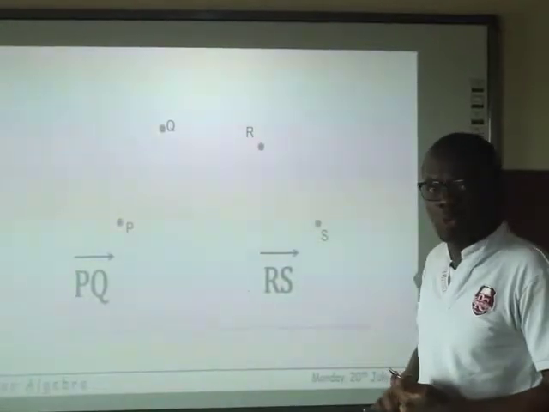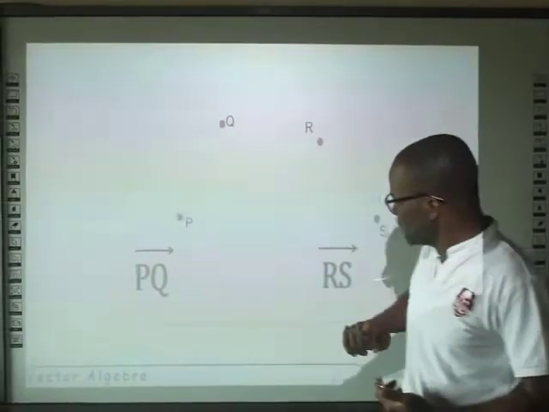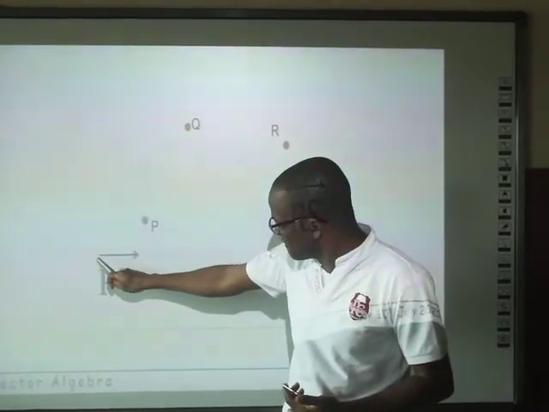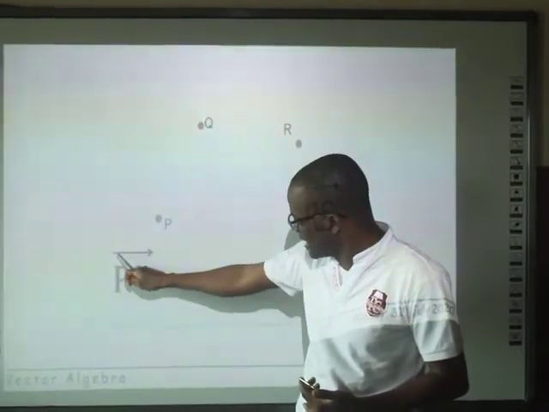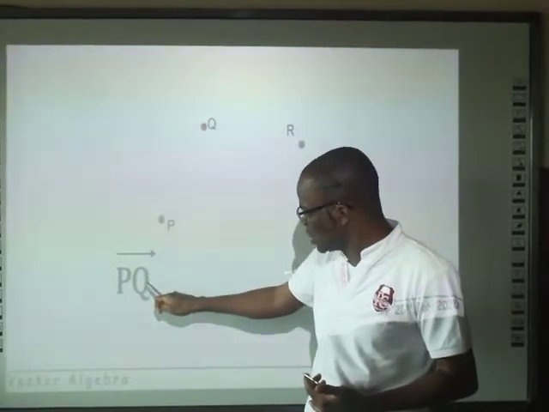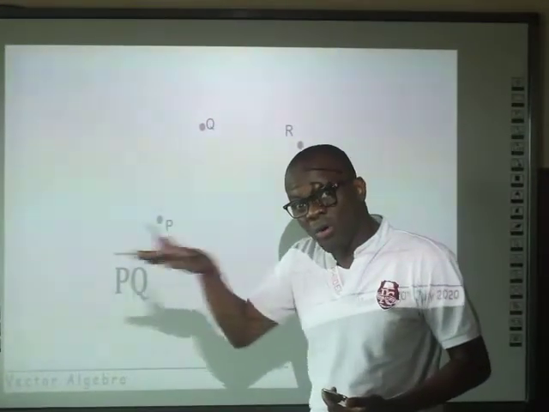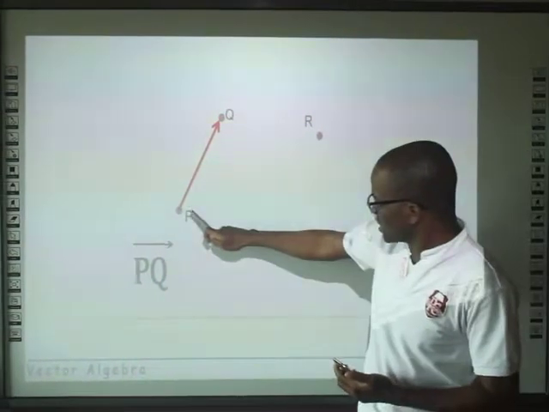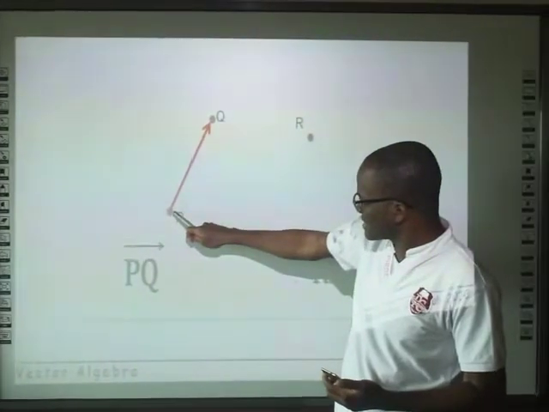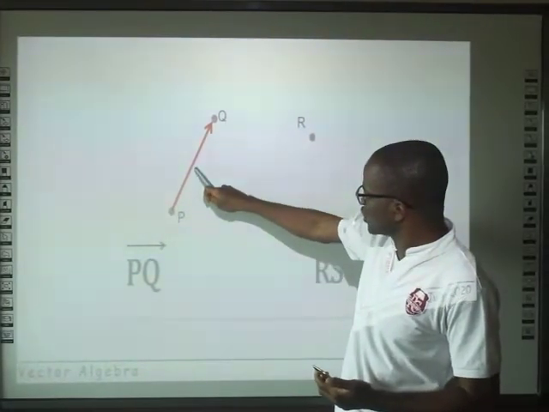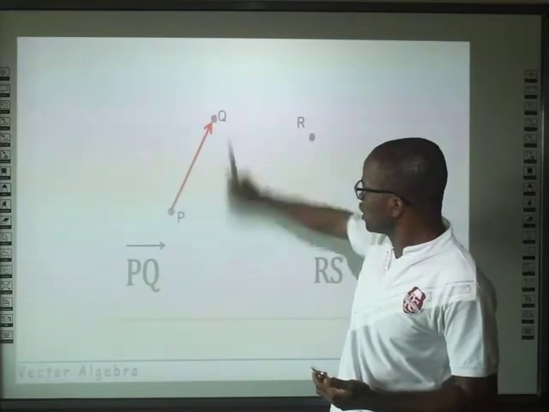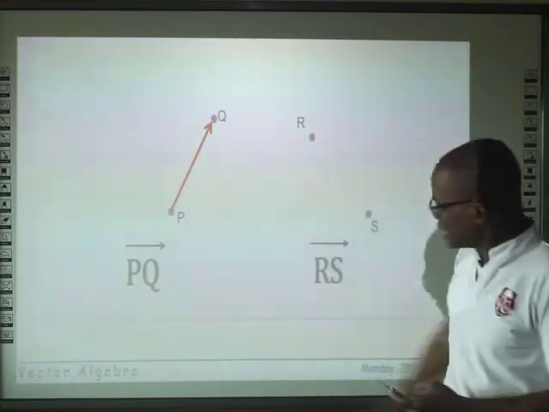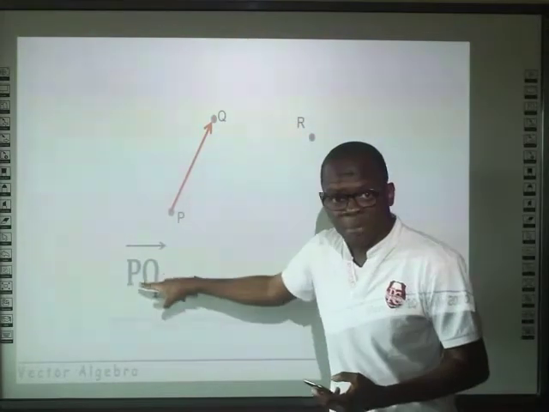You can see clearly we have 2 points, P and Q, and the vector PQ clearly suggests that the vector starts at point P and ends at point Q. Because remember, the direction of the arrow matters. So the vector PQ starts at the point P and then terminates at the point Q, following the direction of the arrow. This is one way to represent that vector.